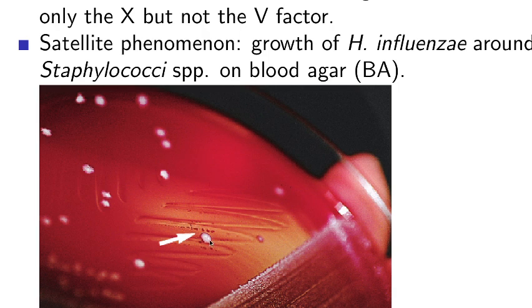But because of hemolysis, now we have the V factor, and together with the X factor, they are both required by H. influenzae to grow. And this is the reason why we see the H. influenzae colonies, small colonies, only where the hemolysis occurs.